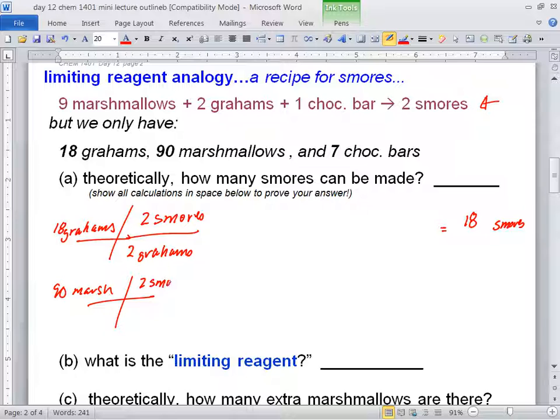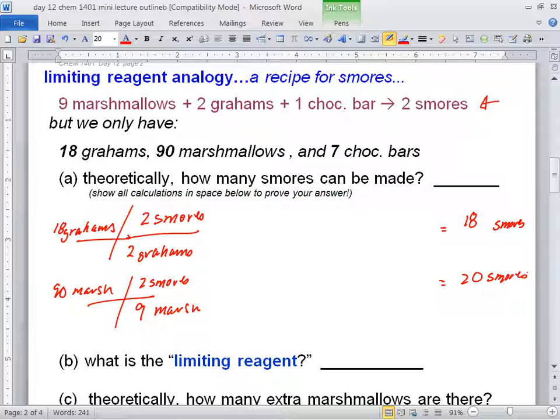Perfect. 2 s'mores over 9 marshmallows. All right. So it's 180 divided by, hold on, what the heck? You have 90 marshmallows? Really? That's a lot. Oh, 90 divided by 9 is 10. Sorry, I can't even do numbers in my head.